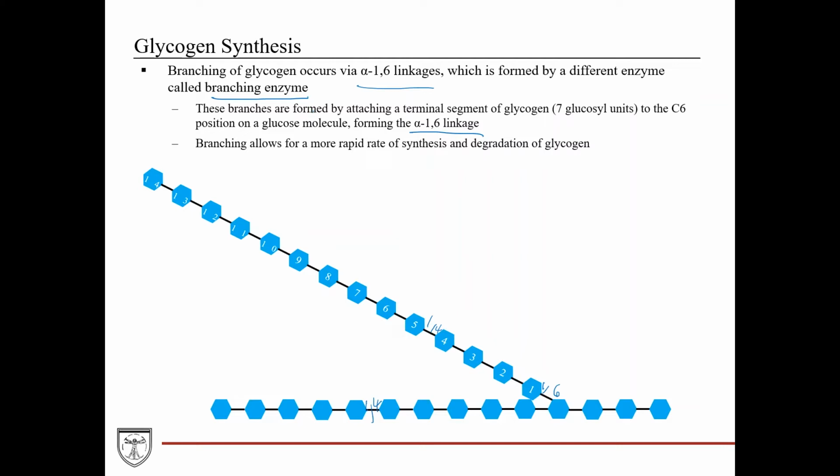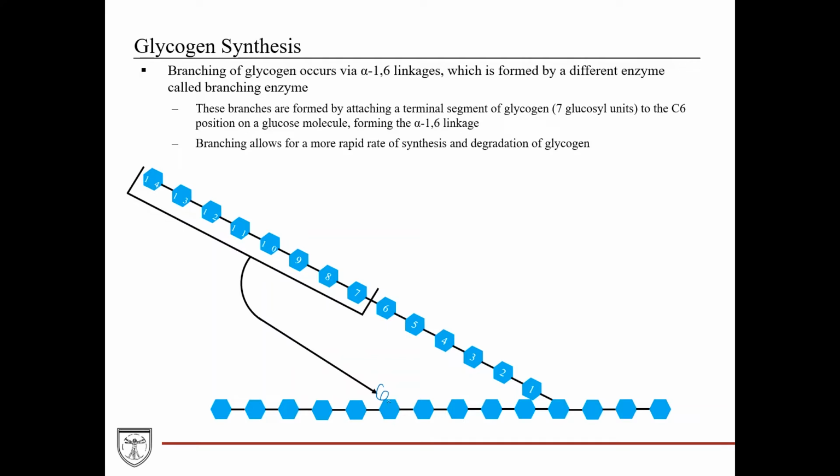And so these branches are formed by taking the terminal segment of a glycogen unit, 7 glycosyl units. You'll see we numbered it out here, 1, 2, 3, 4, all the way to 14. You have to take from a branch here. You can't just take from the growing chain. You take from one of the branches that are already formed. So you take these terminal 7 units, 7 through 14, and then add it to the C6 position on a glucose molecule.